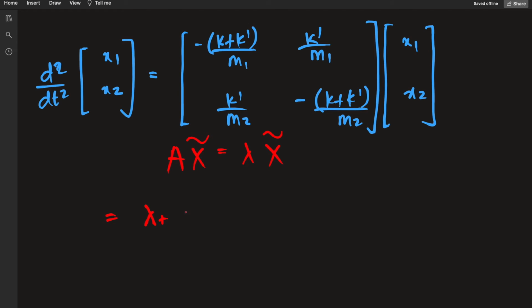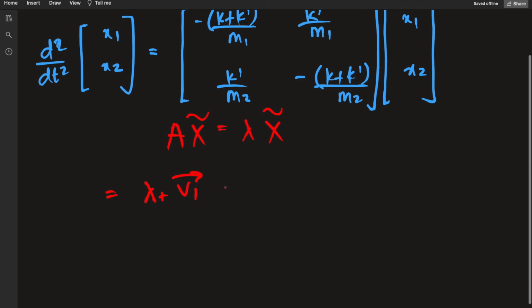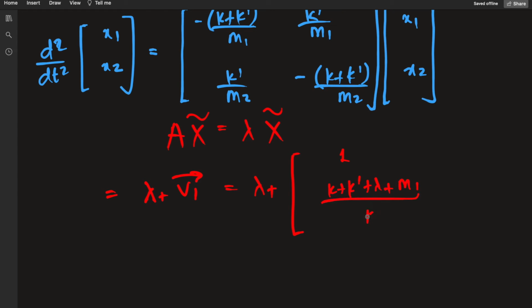lambda plus and its corresponding eigenvector, which is v1. Lambda plus is lambda plus. v1 we calculated to be 1, (k plus k prime plus lambda plus m1) over k prime.